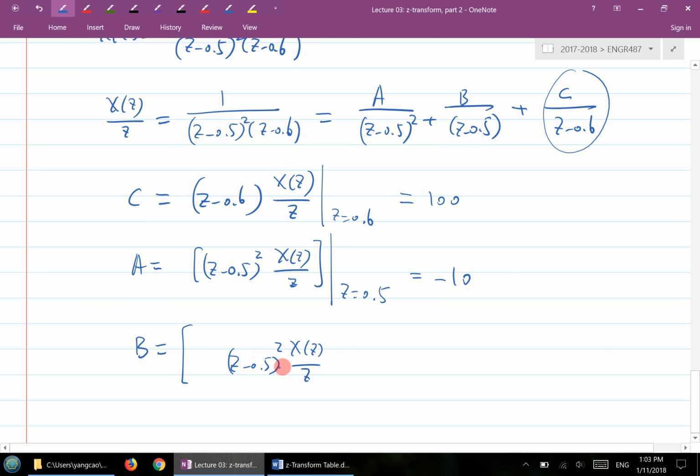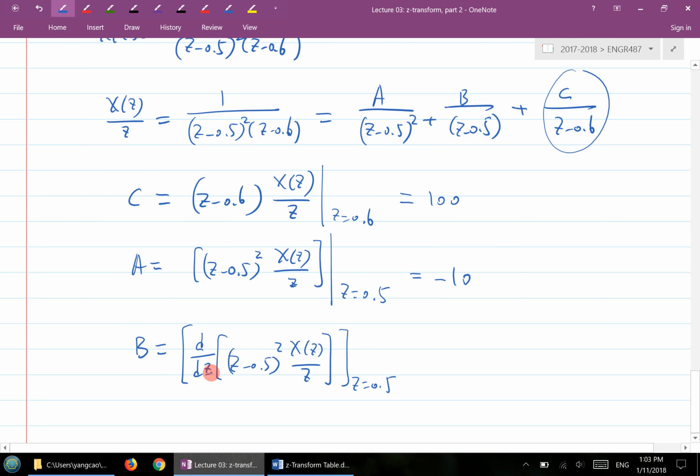You multiply this x over z over z by z minus 0.5 to the power 2, and then before you do the substitution, you have to do an extra step of a derivative with respect to z. Whatever you get out of here, you take the derivative with respect to z. Finally, you substitute z equal to 0.5 into this remaining expression.